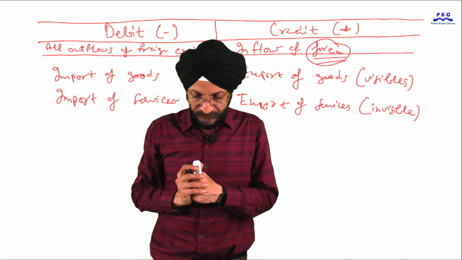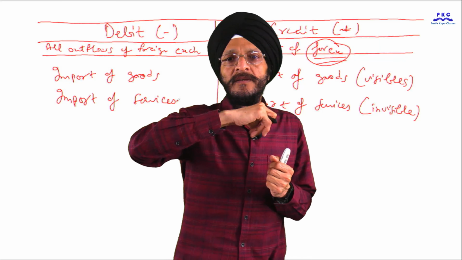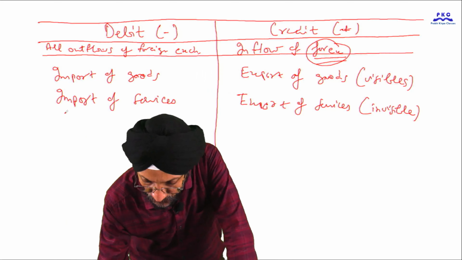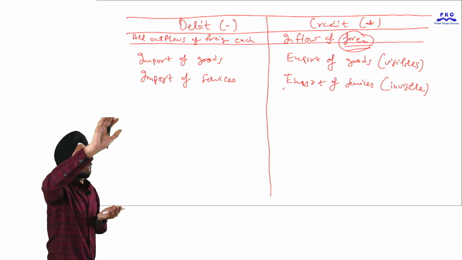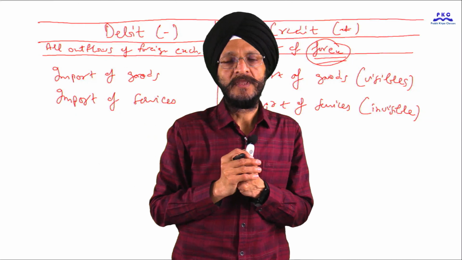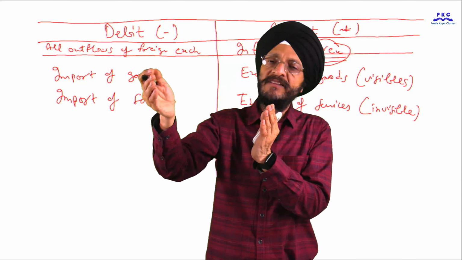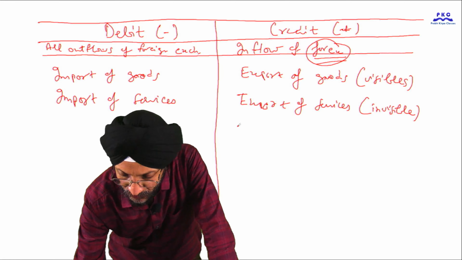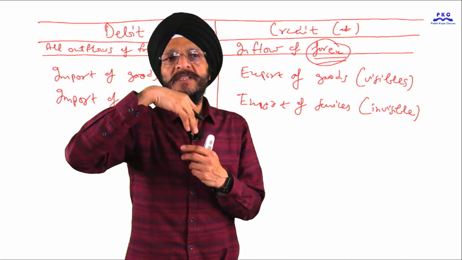Then there come unilateral transfers, or we may call them one-sided transfers. If we send foreign grant, if we give grant or aid to other countries, these are one-sided payments for which we do not get anything in return. If we give, then it means outflow.